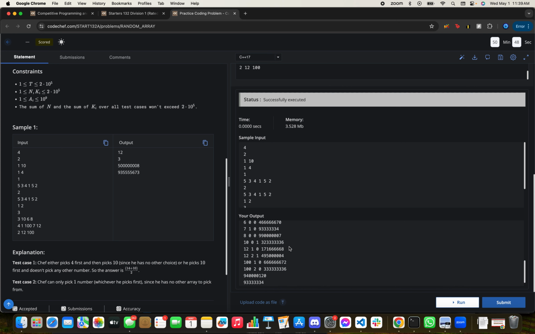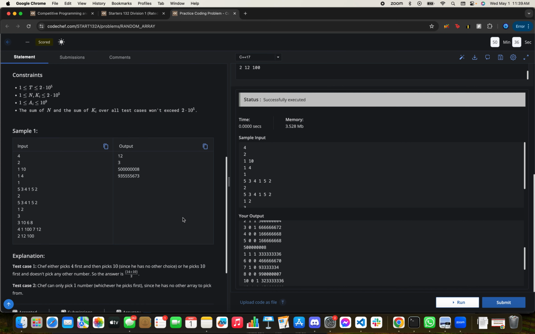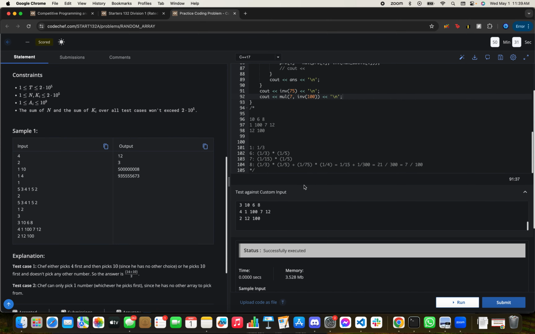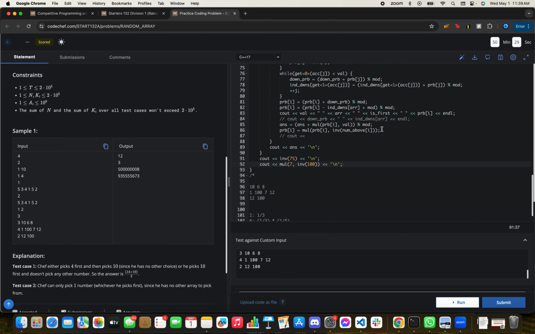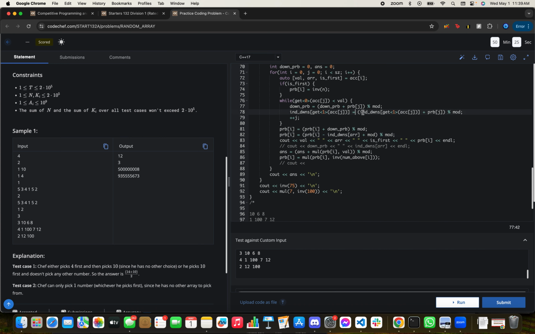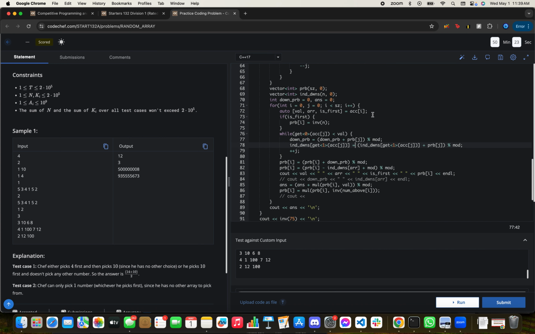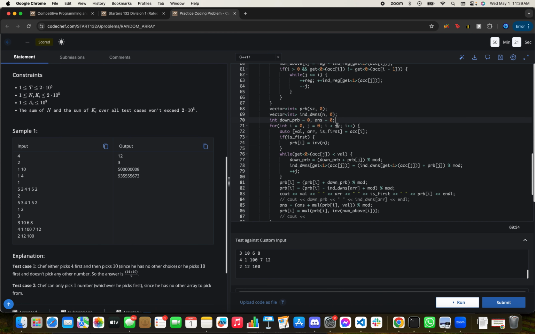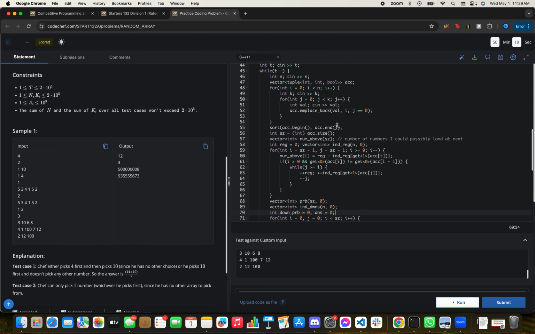Everything does. Let me just spot check again for mods everywhere. This is fine, this is fine. Yeah, I don't do mod addition that much.